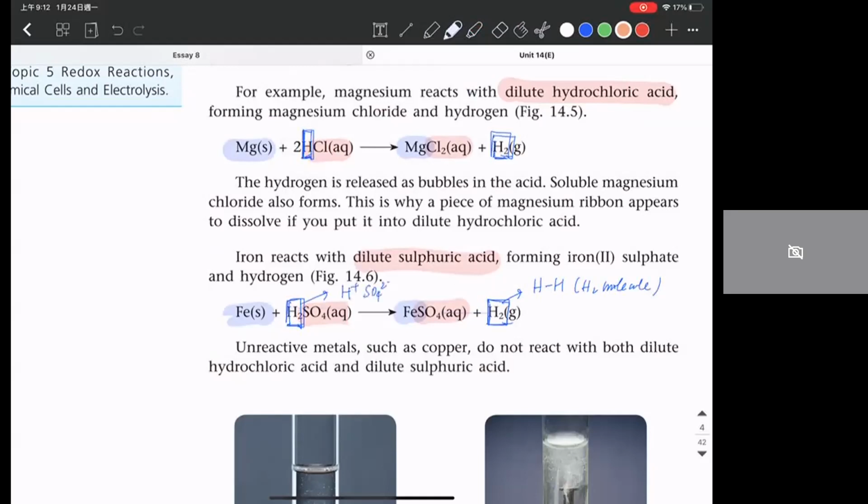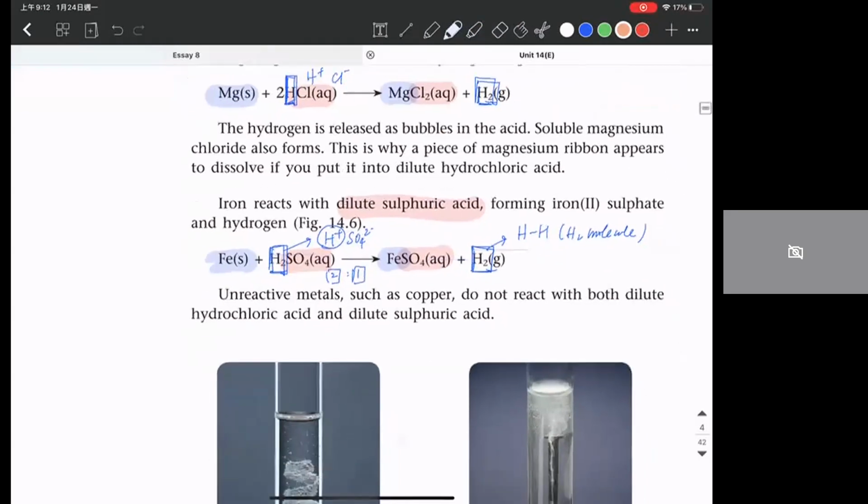Now, the hydrogen ions are in a 2:1 ratio, so I write it down as H2SO4. But it is not telling you that there is hydrogen gas inside H2SO4. It's hydrogen ions with a mole ratio 2:1. Do you understand? Remember, these 2 are very similar, but do not get confused. Can you get my point?